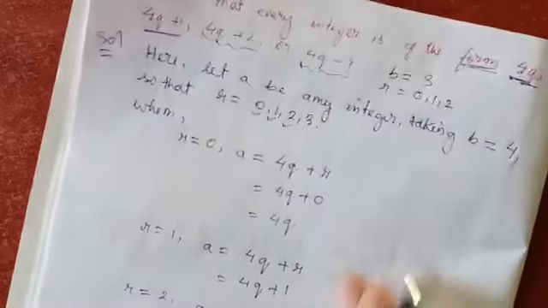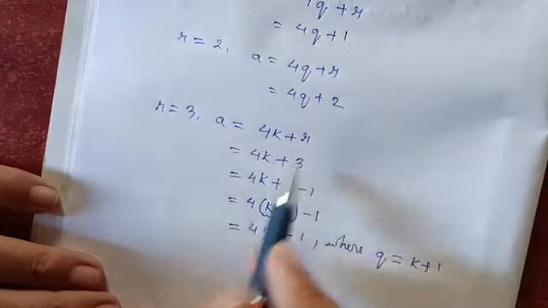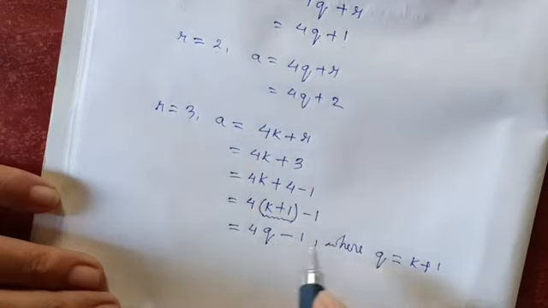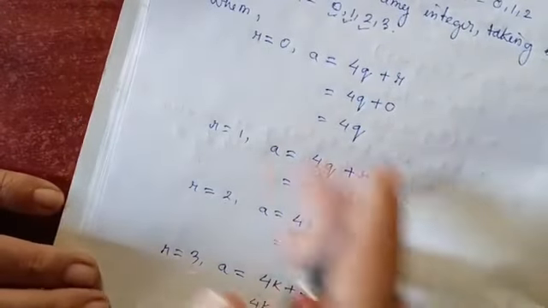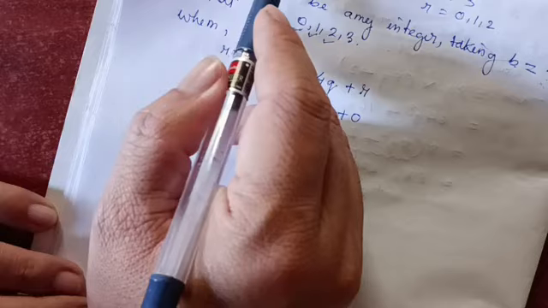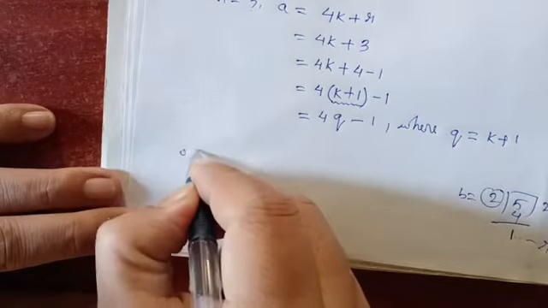It is still correct. The last one is we should get minus 1, so when the r value is 3, at last we get 4q minus 1. So in all the solutions, we get 4q, 4q plus 1, 4q plus 2, 4q minus 1. Therefore you can write down the conclusion.